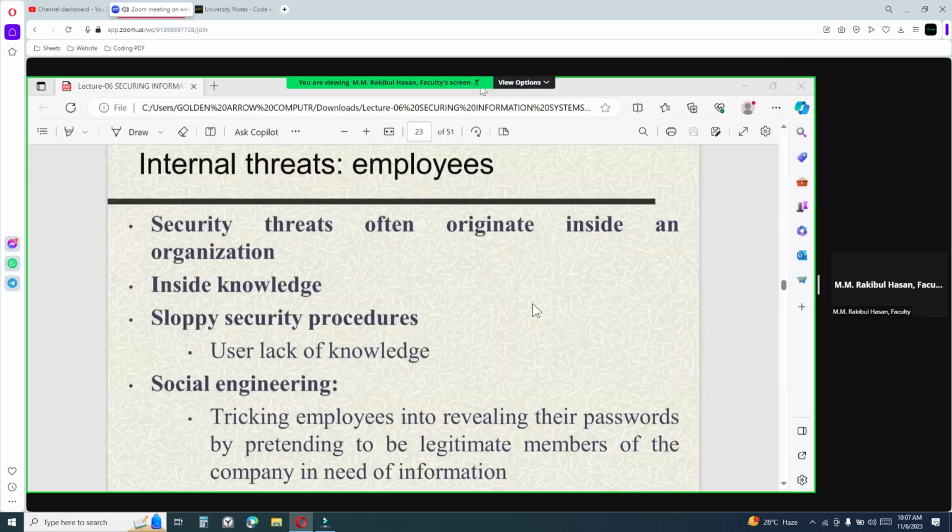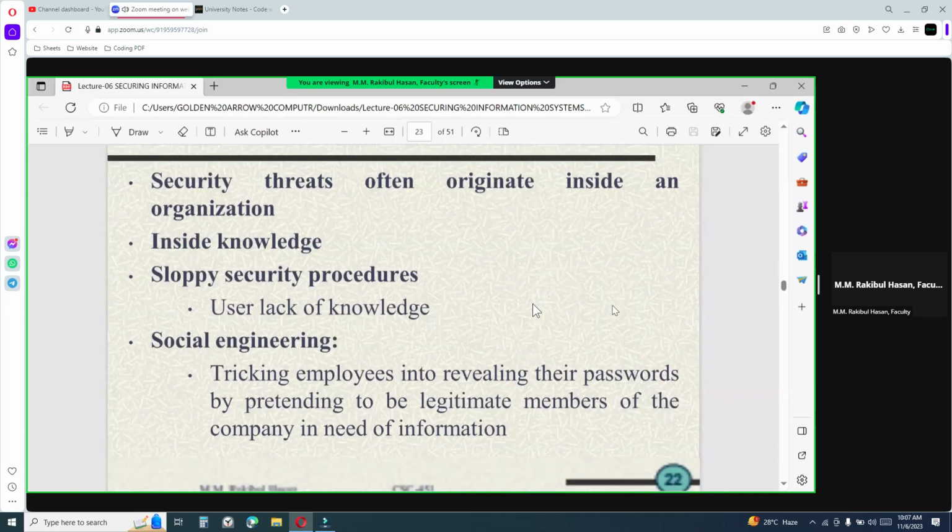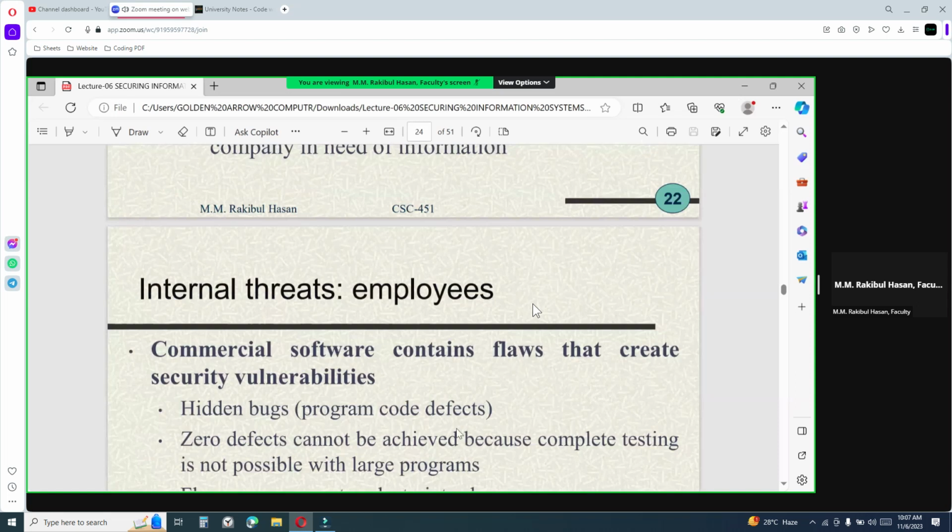Under this internal threat, we have another thing: when we purchase software for our organization from a third party, that is called commercial software, ready-made software. Sometimes this software may contain some spyware or some bug.